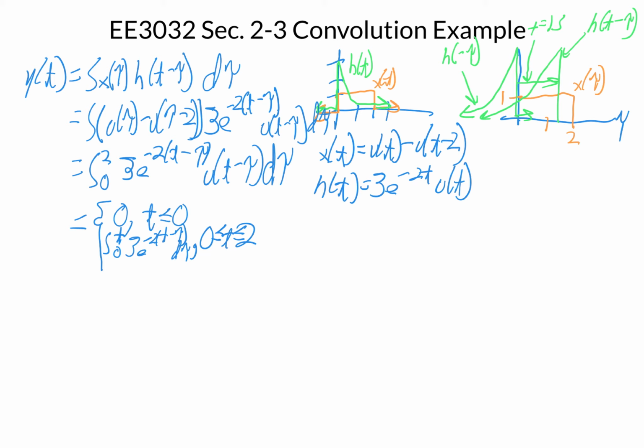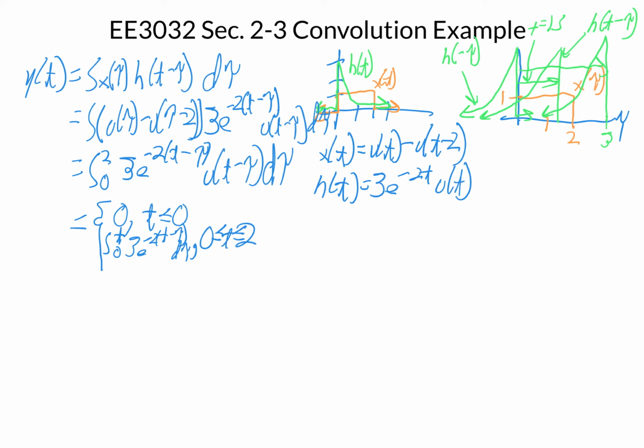And the final one is when the green function goes farther. So if I let the green function go 3 to the right, then the edge is here at 3, and it is decaying back this way. So in that case, I have the region of integration that I have non-zero values in starts at 0 because there's this tail of the green function, and it goes up to 2 because after 2, this part right here is cut off.